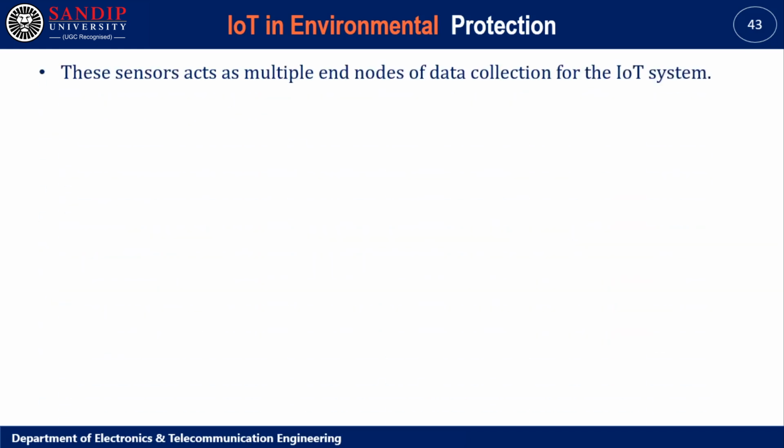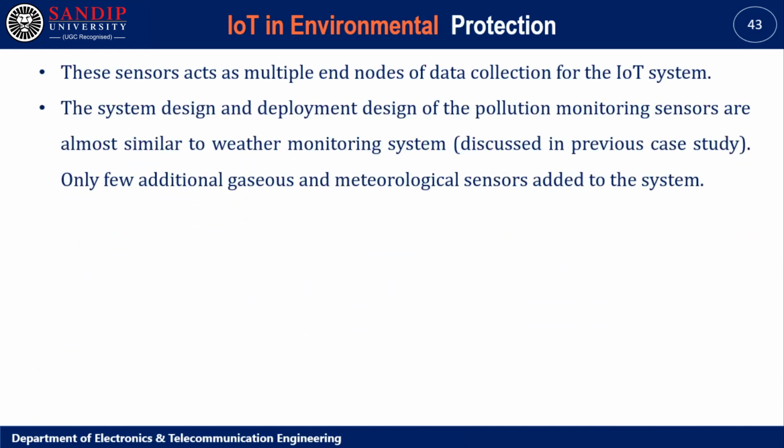These sensors act as multiple end nodes of data collection for the IoT system. The system design and development of the pollution monitoring sensors are almost similar to the weather monitoring system that we had discussed in the previous case study. Only a few additional gaseous and meteorological sensors are added to the system.